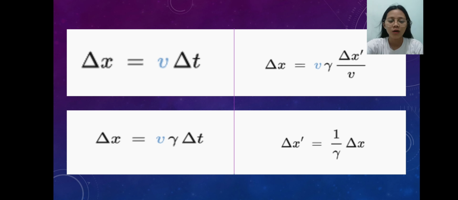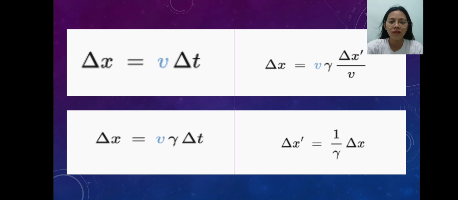To do this, rearrange equation 2 for the time period delta t prime and insert it into equation 4. So we have delta x equals v times gamma times delta x prime over v. Cancel velocity v and rearrange the equation for delta x prime. We are done. If we now insert the Lorentz factor, we get the formula for the length contraction.